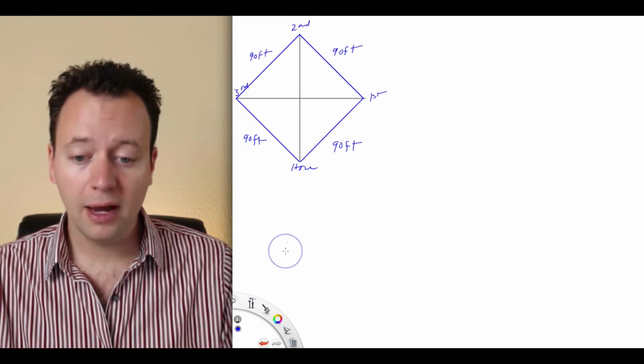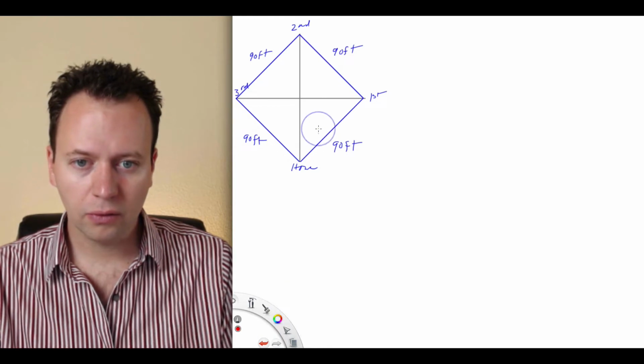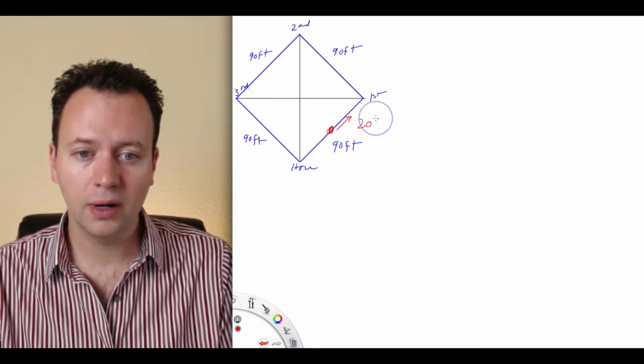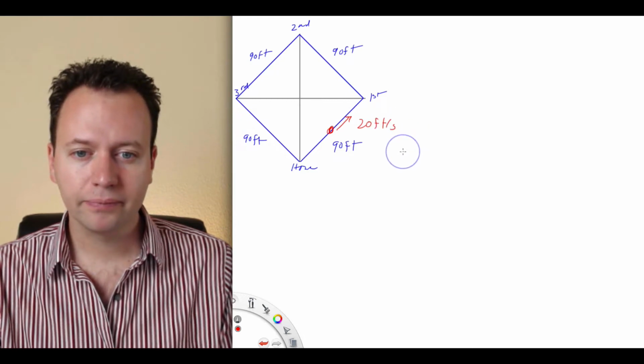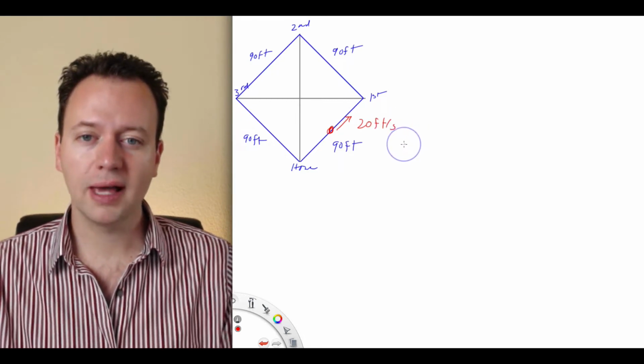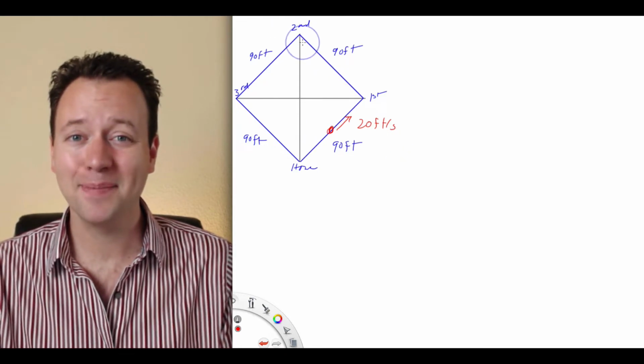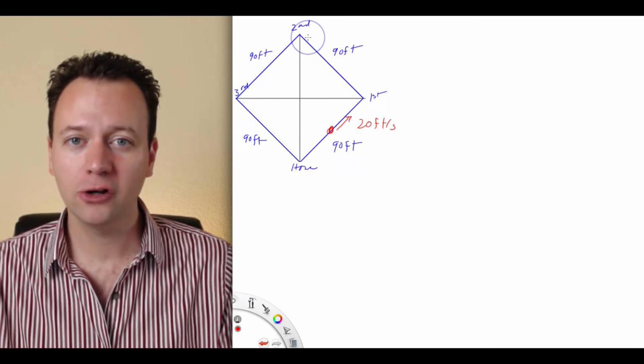So we have a player running from home to first base at a rate of 20 feet per second. The question is, at what rate is the distance between the player and second base changing as a function of time?